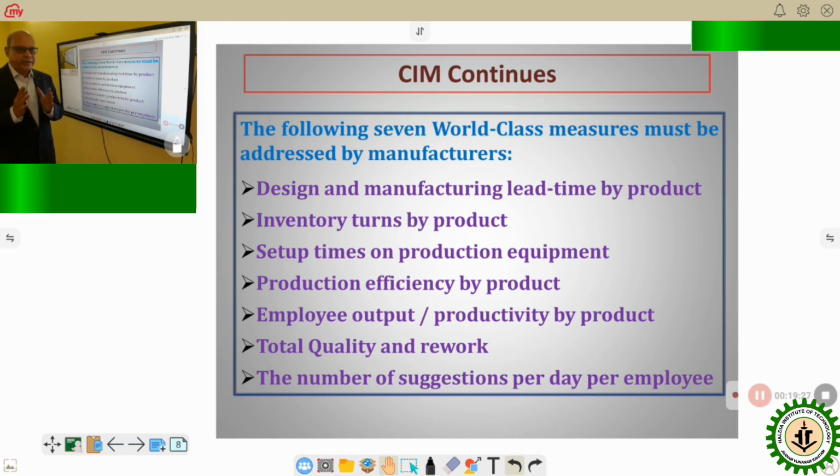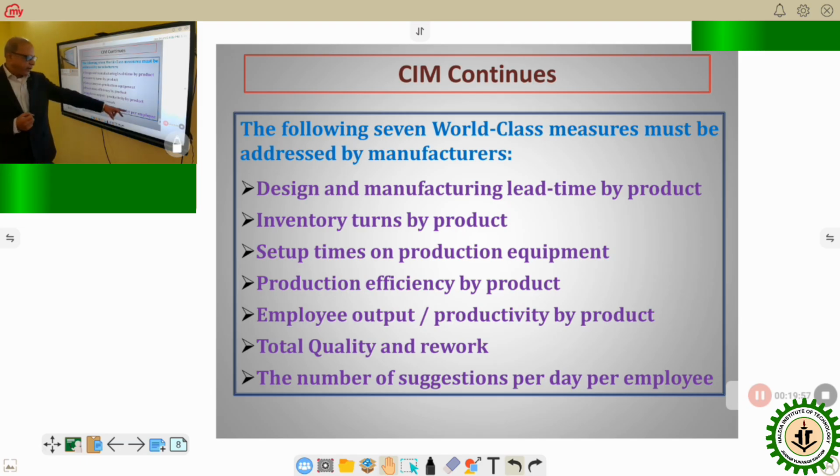It cannot be inspected in, because inspection is basically post-mortem. When a fault has already occurred or there is some defect in the product, there will be no other way but to either rectify it or scrap it, involving a lot of cost and money. So that is not at all desirable. Whatever process we follow must ensure quality is maintained, and that is how the possibility of rework should be brought to zero or a minimum.